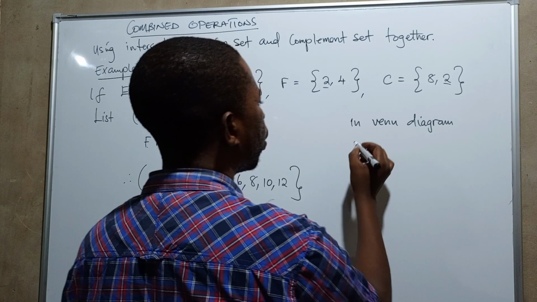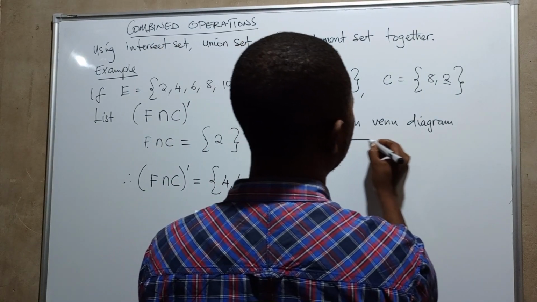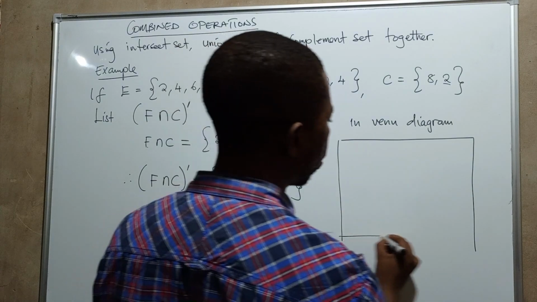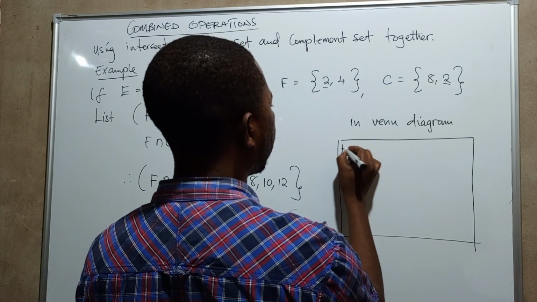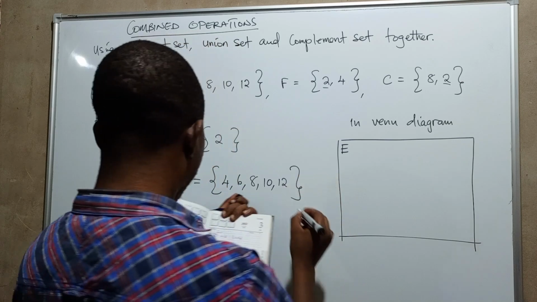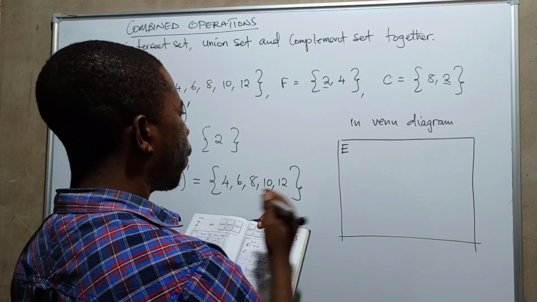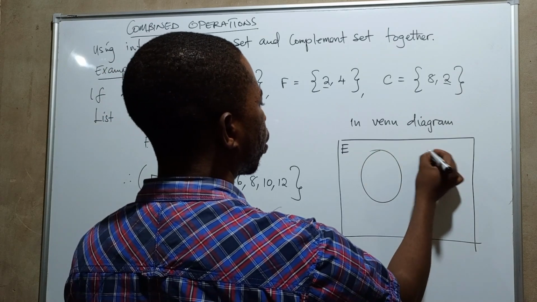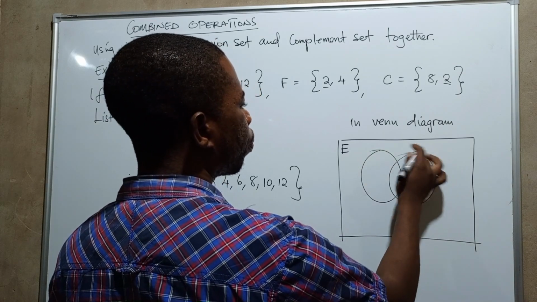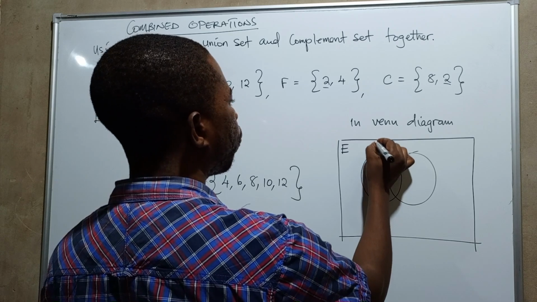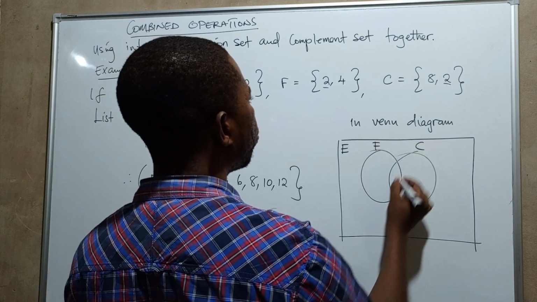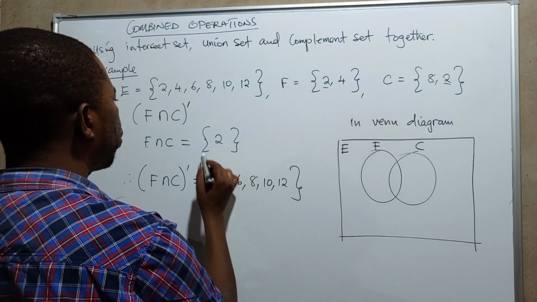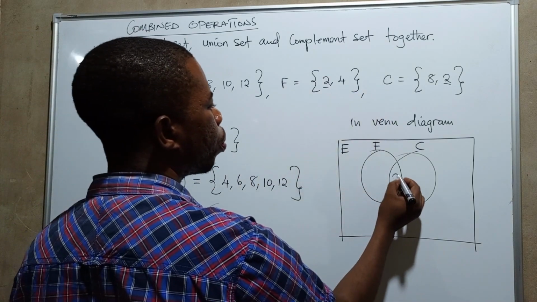Okay, so this one is E. Then we can have F, then C. The intersection between these two, which is this one, we found 2.